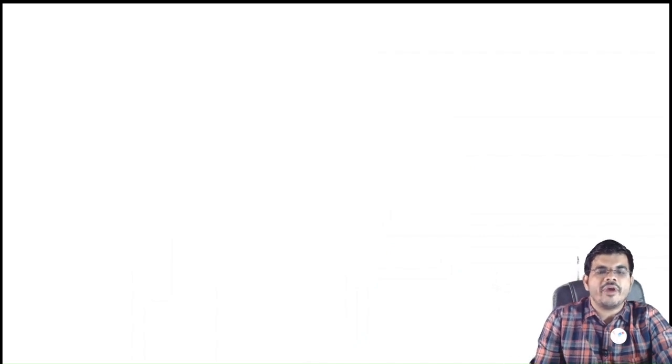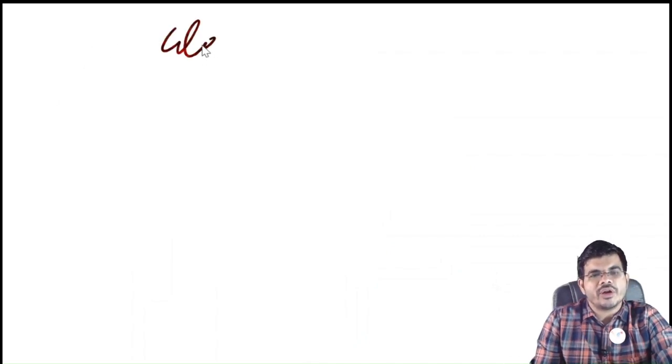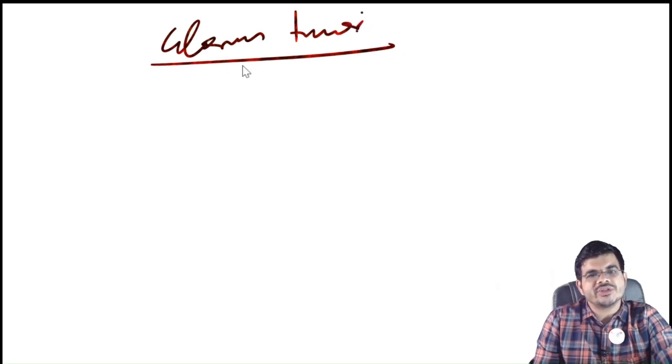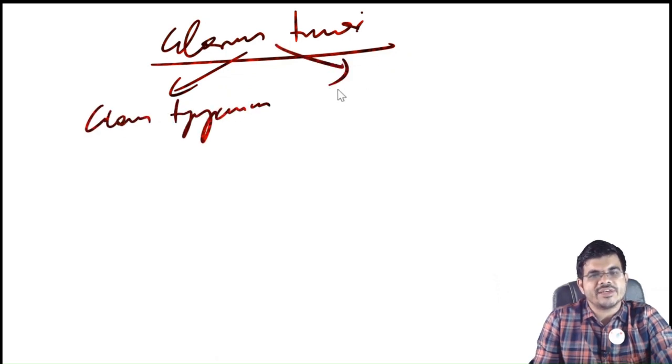So today we have learned about glomus tumor, which are of two types. Can be either glomus tympanicum or the glomus jugulare, depending upon where it is arising from, whether it is coming from the jugular bulb or from the tympanic plexus over the promontory.